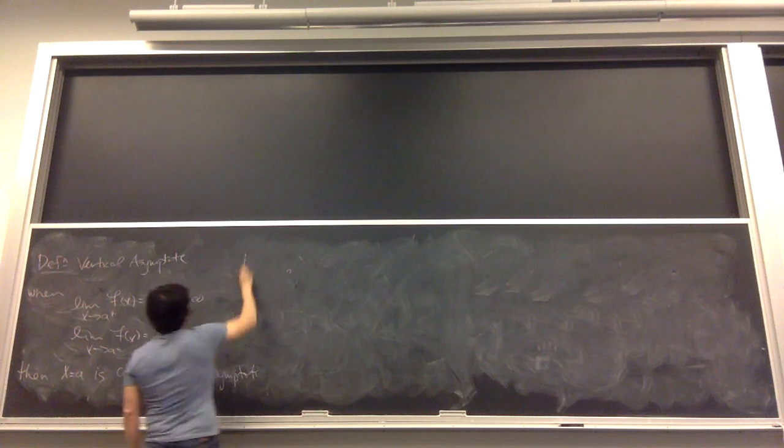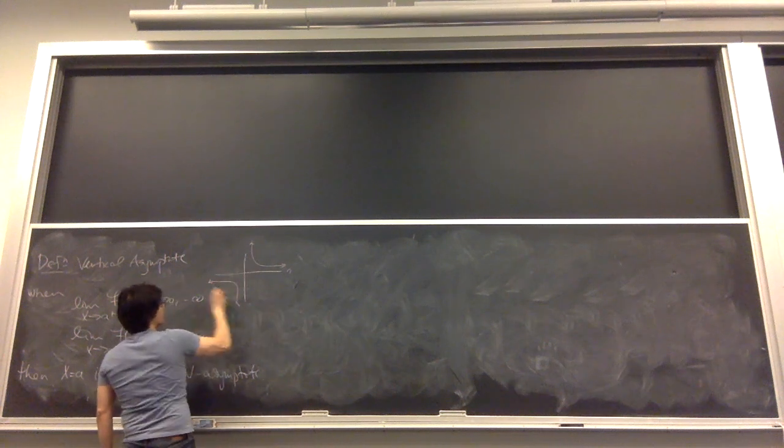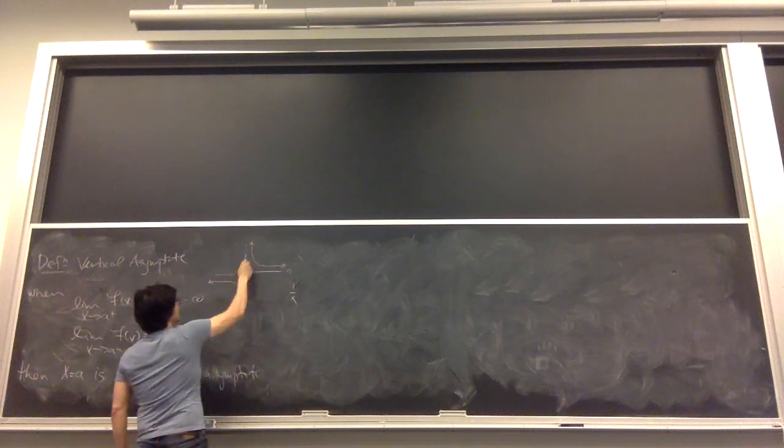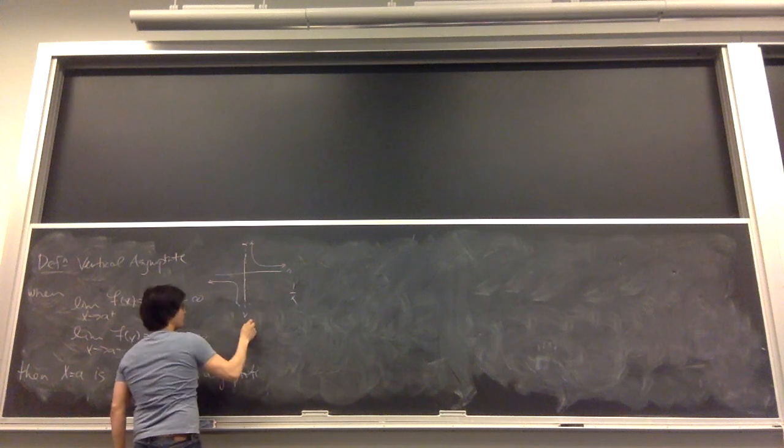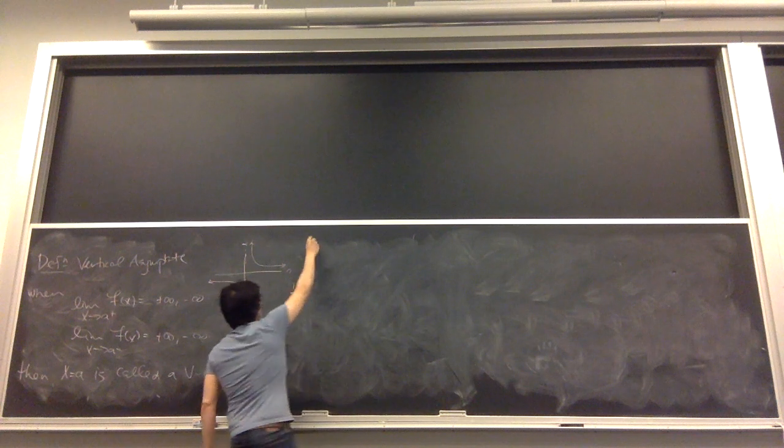For example, 1 over x has x equals 0 as an asymptote because you approach infinity from either side.